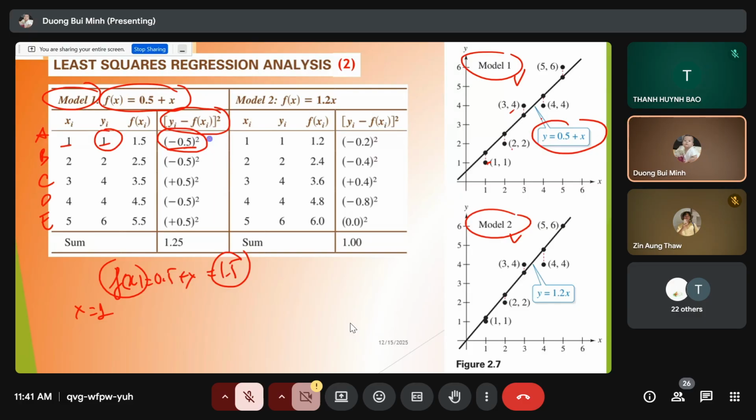We take the square. For B, x is 2, you get 2.5, but y is 2, so the error is minus 0.5.